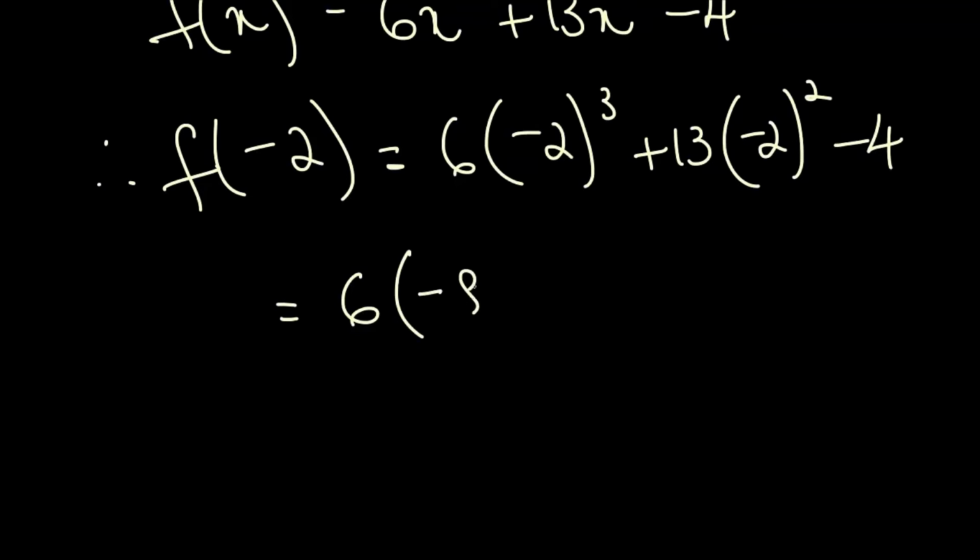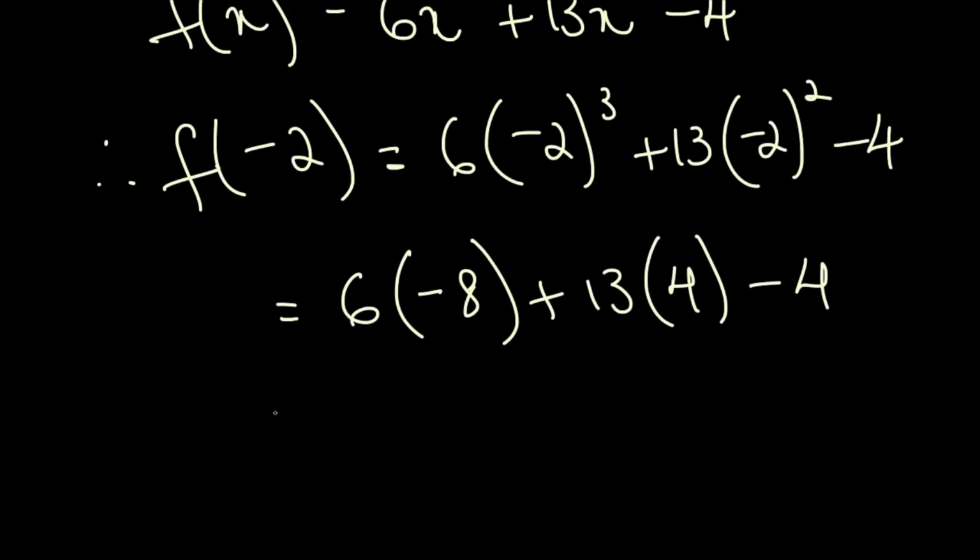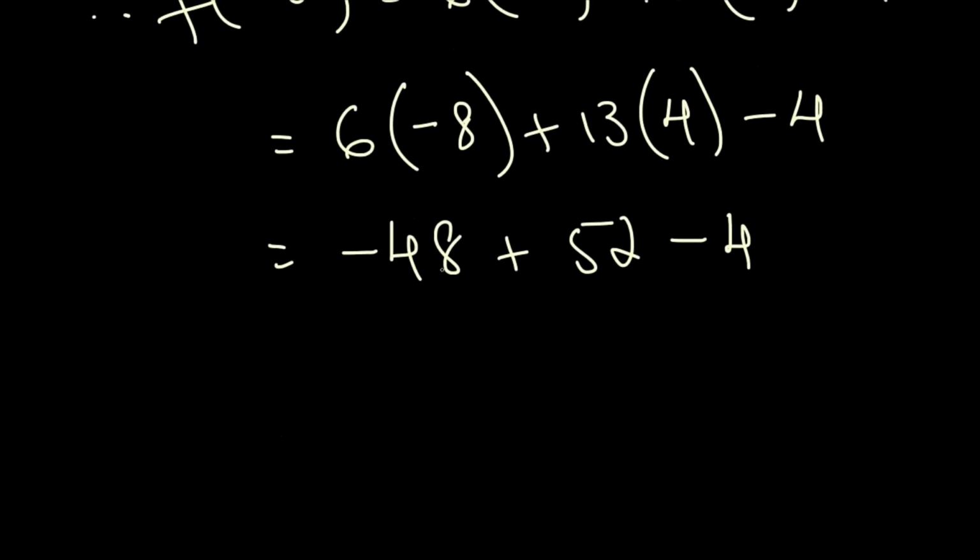Minus 2 cubed is minus 8, plus 13 times negative 2 squared, which is 4, the whole thing minus 4. Negative 48 plus 52 minus 4. As you can see, negative 48 plus negative 4 is negative 52, plus 52, which, as you know, adds up to 0.